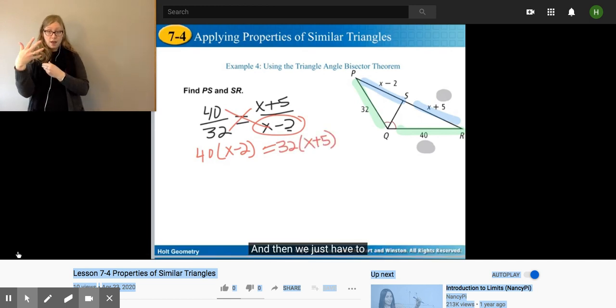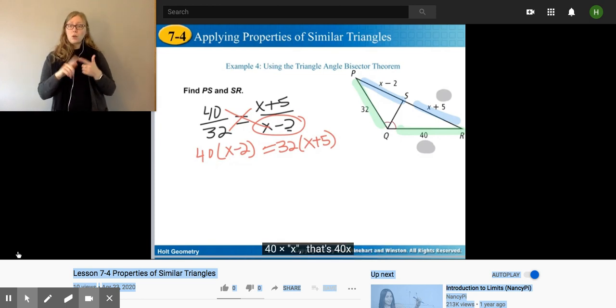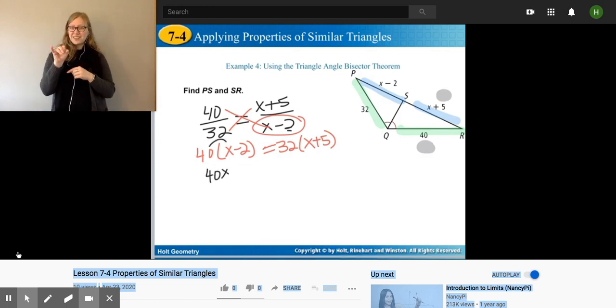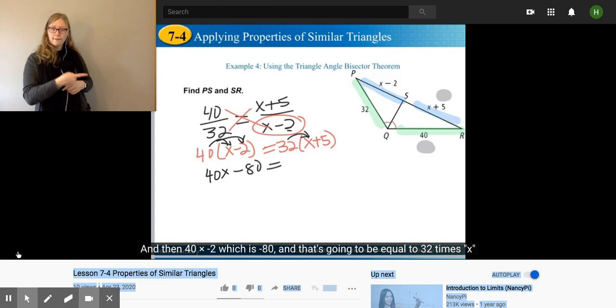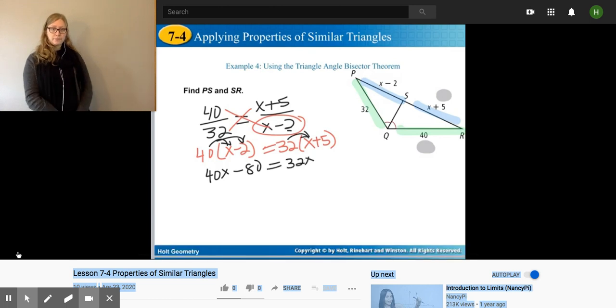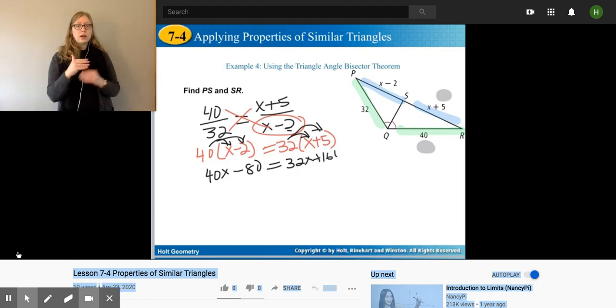Then we just have to distribute and simplify. So 40 times x is 40x, and 40 times minus 2 is minus 80, and that's equal to 32 times x and 32 times 5. 32 times 5 would be 150 and 10 more, so that would be 160.